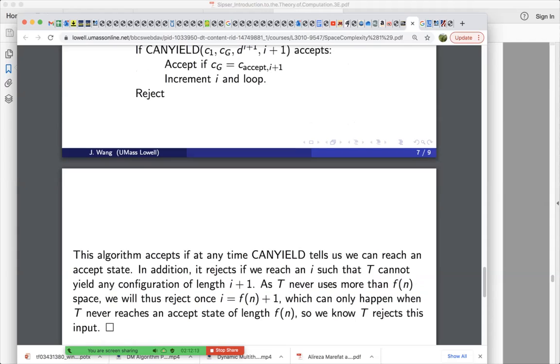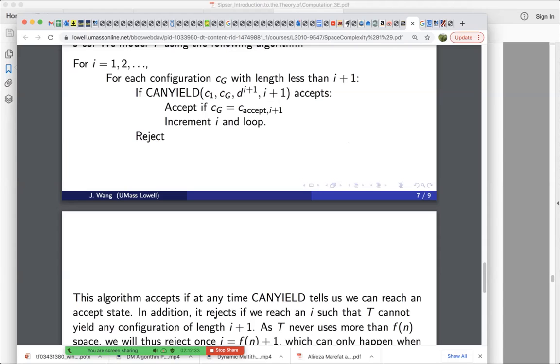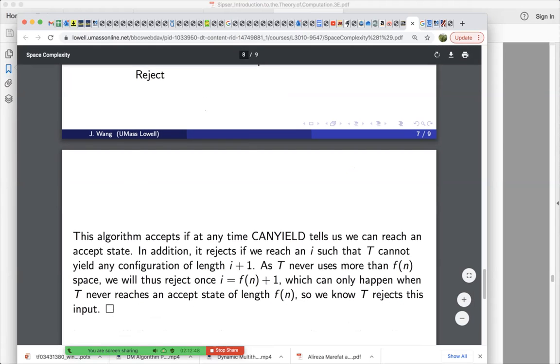This is a clever connection, because by assumption T does not use more than f of n space. So if i ever reaches this point, that means CanU fails for all the space within f of n that you can try, so then we reject.